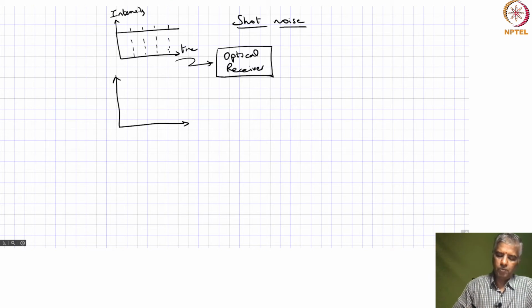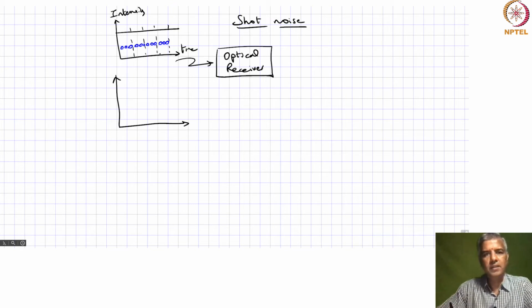Okay, you will find that the photons are not like this. This is what we would expect if it is uniform intensity, like some constant number of photons per unit time per slot that we are looking at.